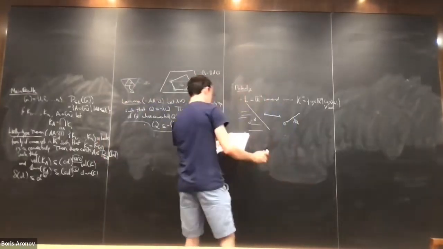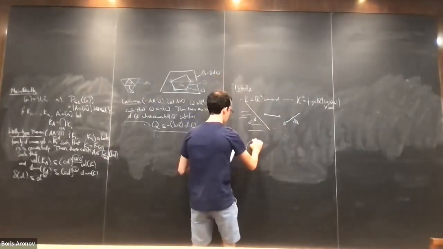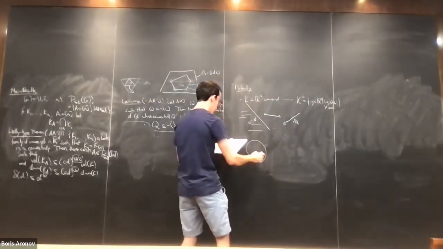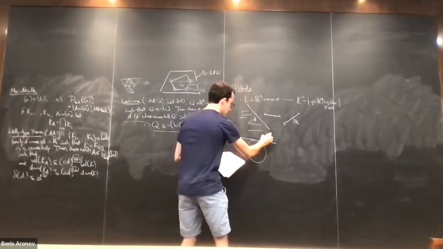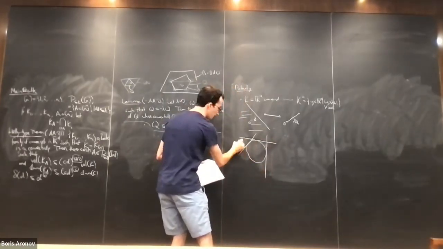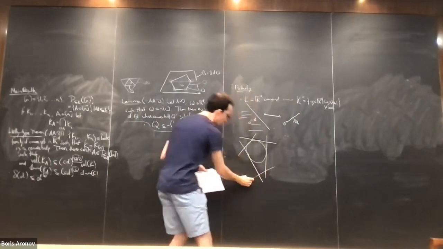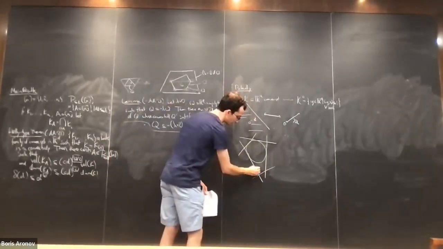And polars behave nicely under intersections. So let's say we have a ball, and we have five half spaces that each contain the ball.